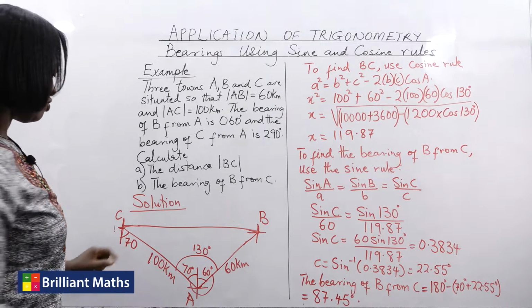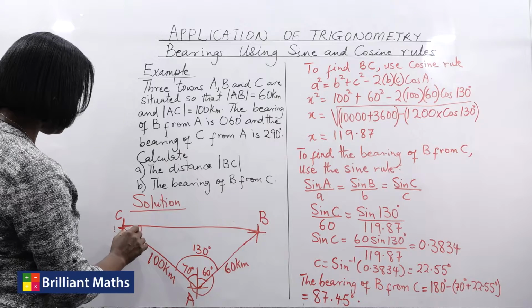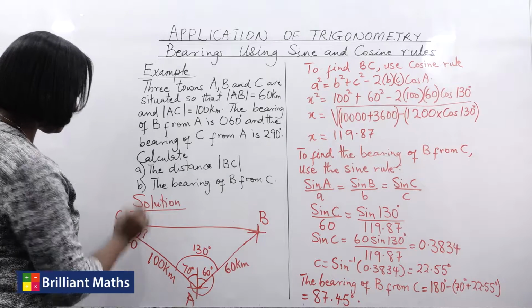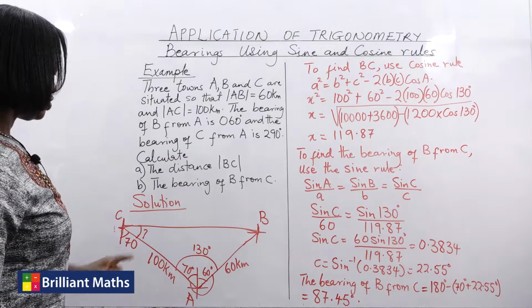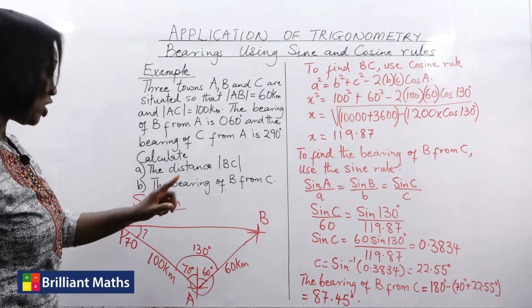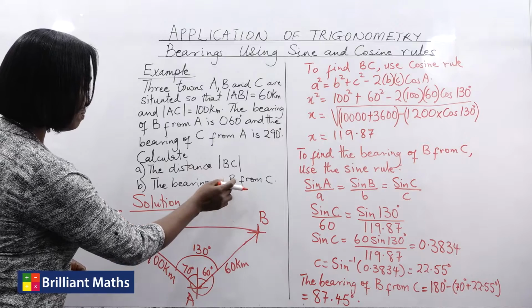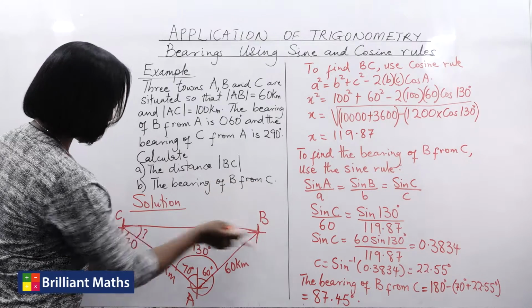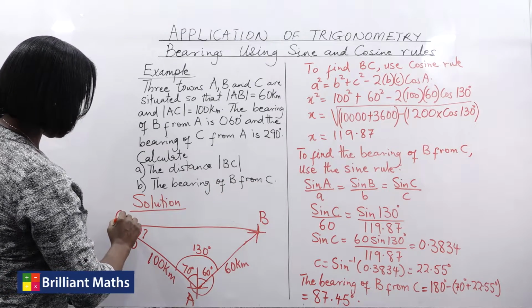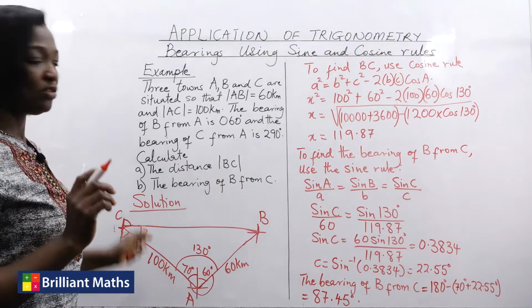So that is 70 degrees. But we don't know this angle. So we have to find this angle in order to be able to find the bearing from C, the bearing of B from C. So that's actually this. We need to find that.